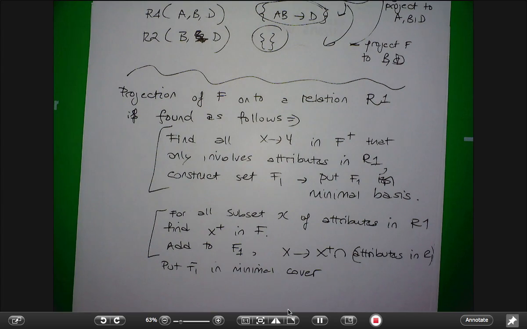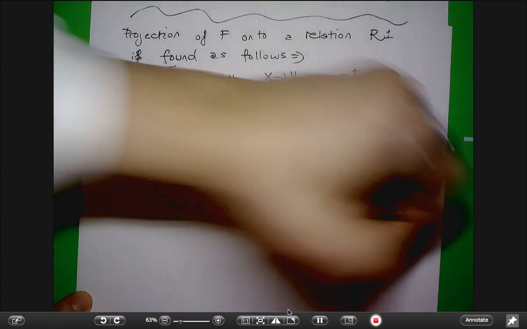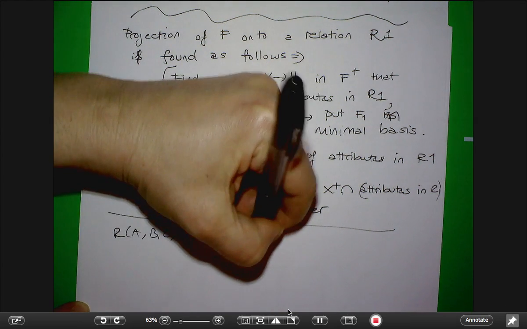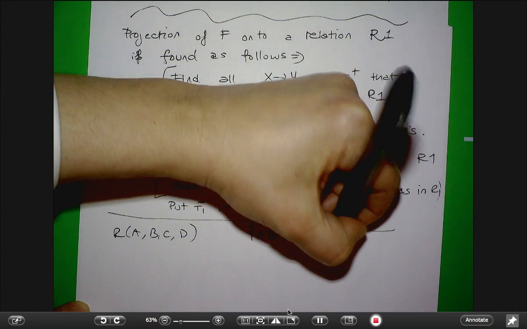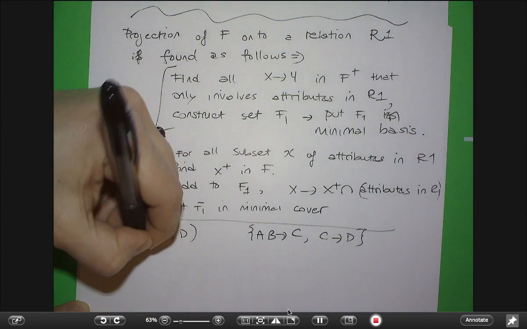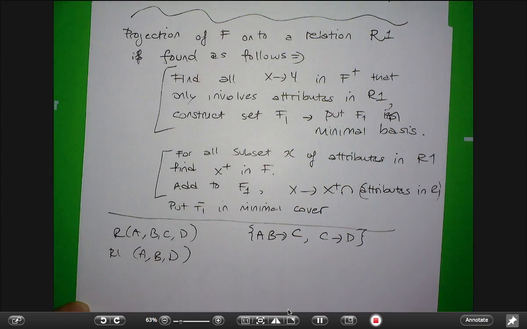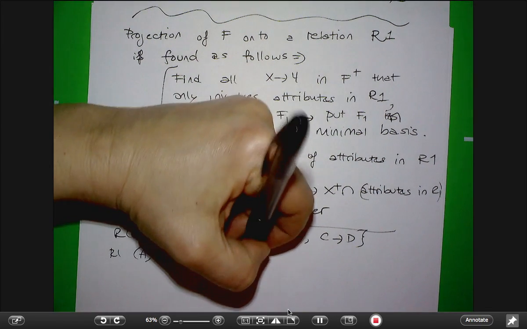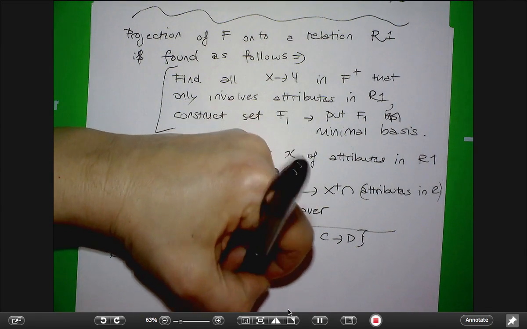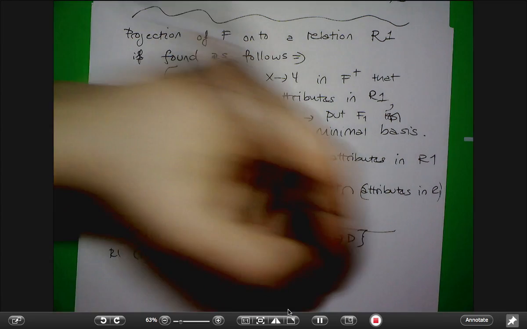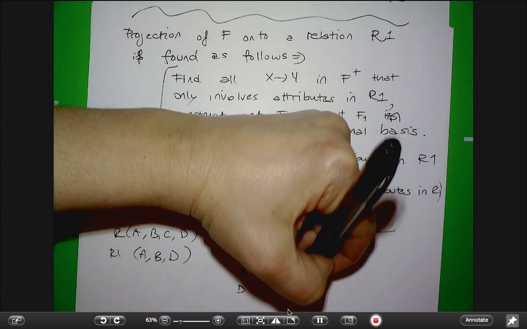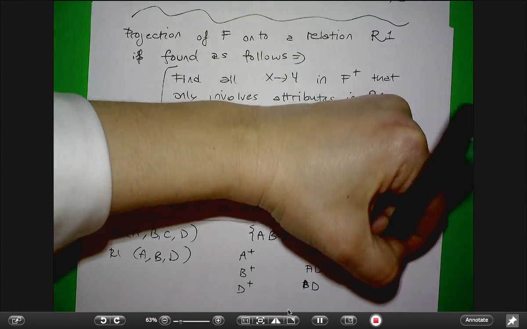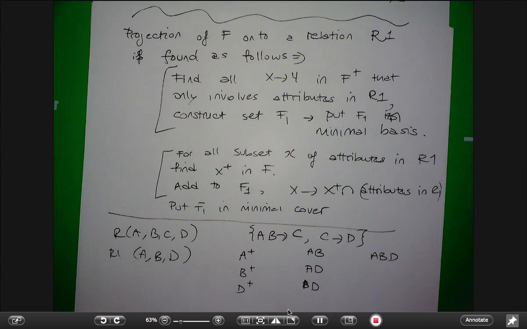So if I were to apply this algorithm to the simple example I had, let's say I have R1 ABD, right? I will actually find the closure of A, closure of B, closure of D. Then I have to find the closure of AB, AD, BD, and ABD. Okay.